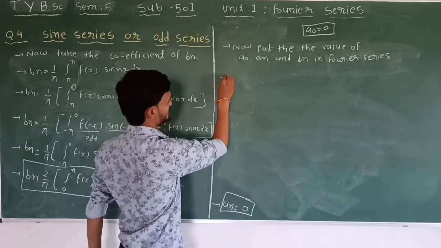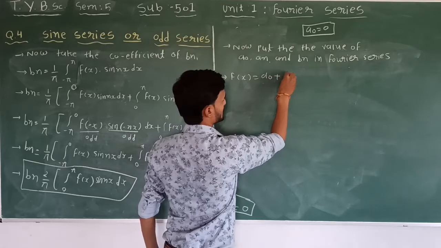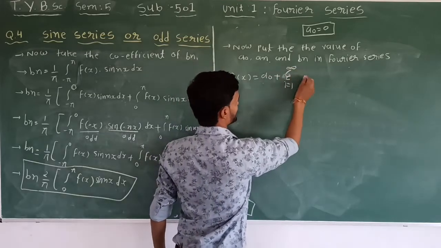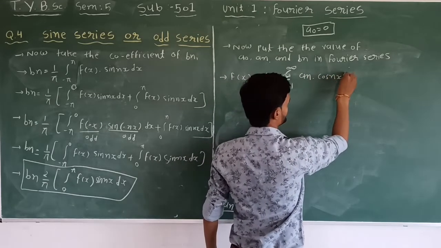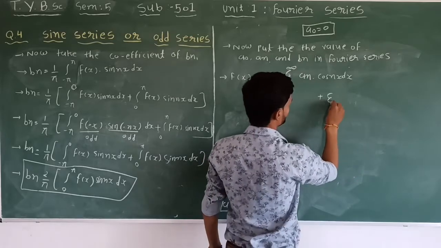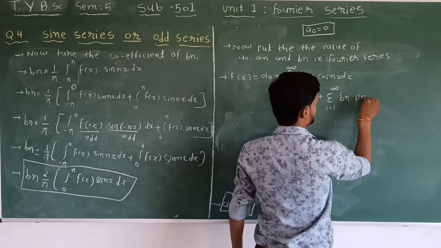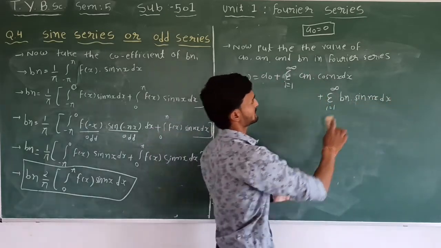The Fourier series is f of x equal to A0 plus summation from 1 to infinity of An into cos nx plus summation from 1 to infinity of Bn into sin nx.